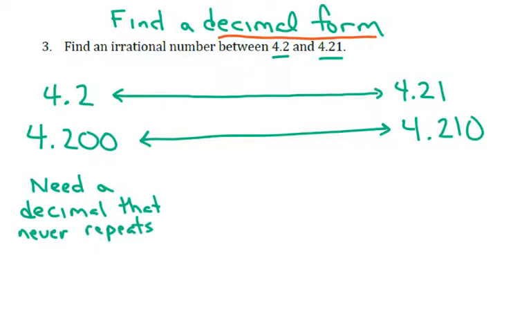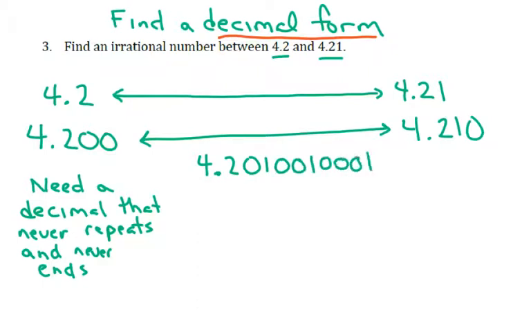So I'm going to have to be clever. And there's a couple of tricks. Here is one of my favorite. What about 4.20010001, etc.?